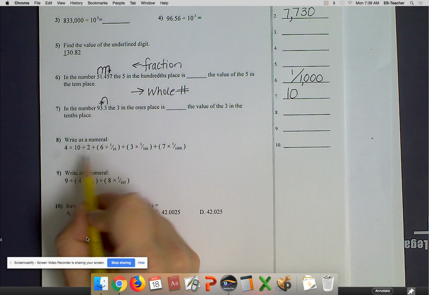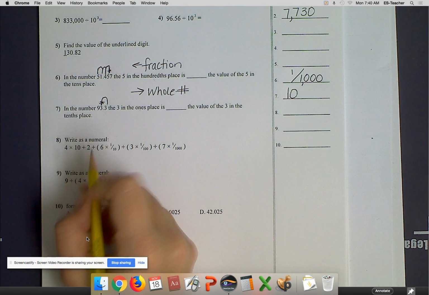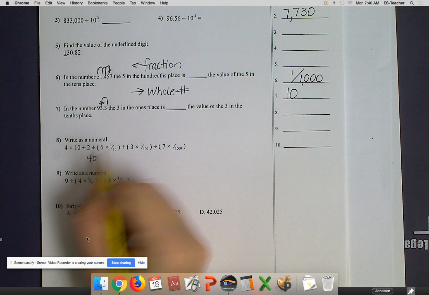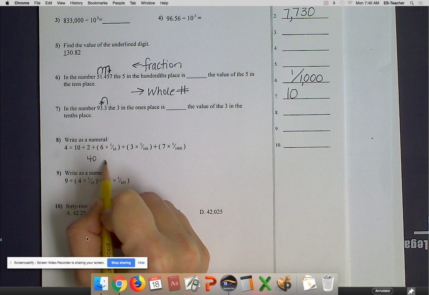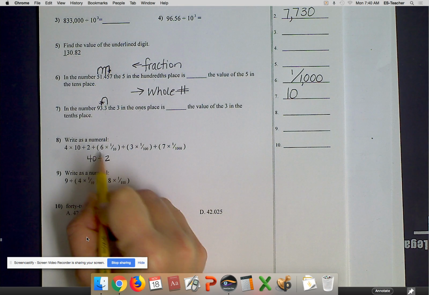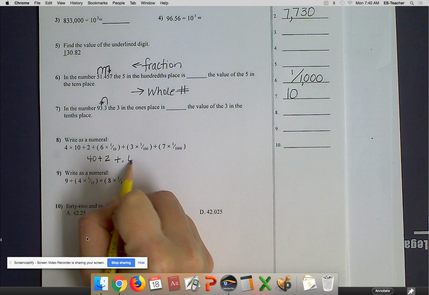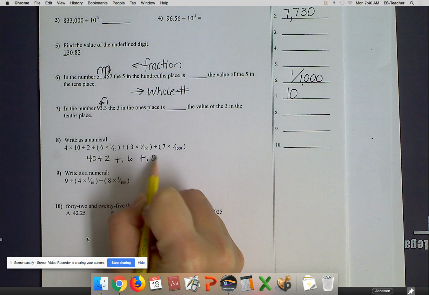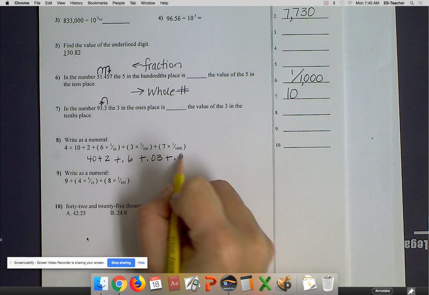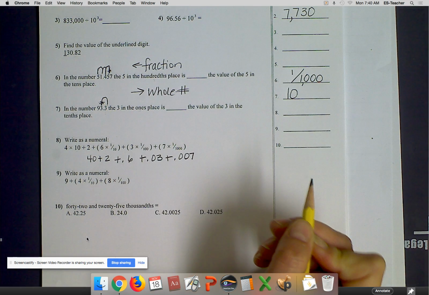And number 8, you're just writing out the value, writing this as a numeral. So we have 4 times 10 is 40, and then we have plus 2, that's going to give me 42, plus 6/10, plus 3/100, plus 7/1000, right?